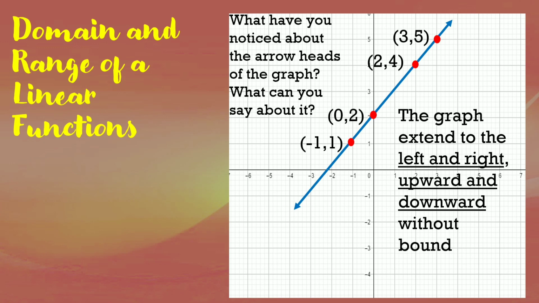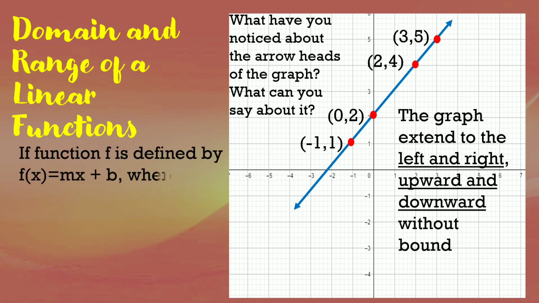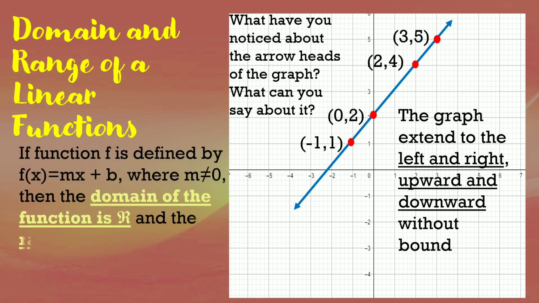Kung napapansin nyo, yung ating arrow, pwede siyang ma-extend. Pwede yan humaba, pwede pataas, pababa, at pwede pakanan, pakaliwa. So, ano kayang ibig sabihin niyan? A function f is defined by f of x equals mx plus b, where m is not equal to 0, then the domain of the function is real numbers and the range of the function is real numbers.